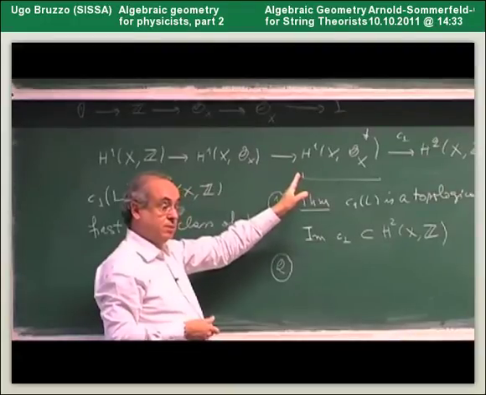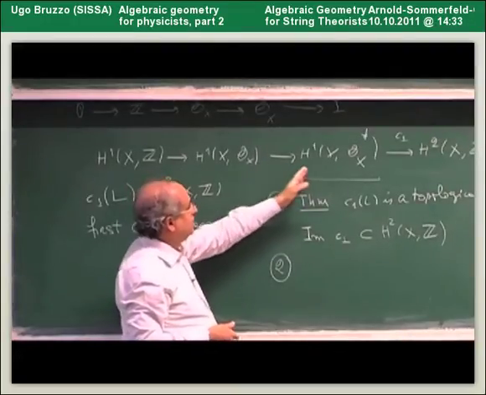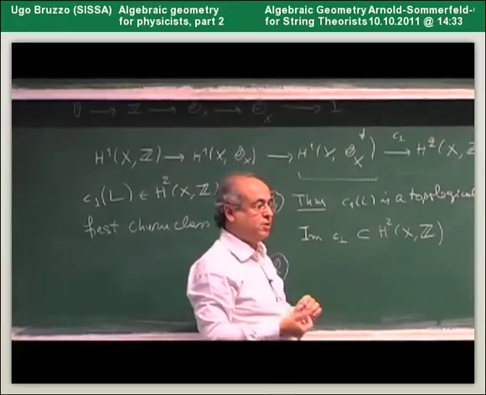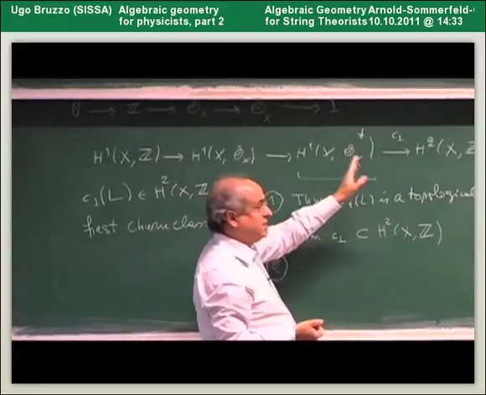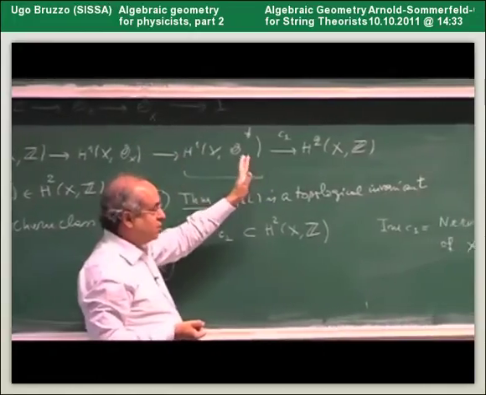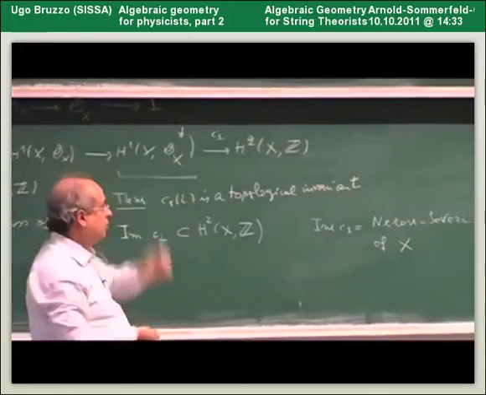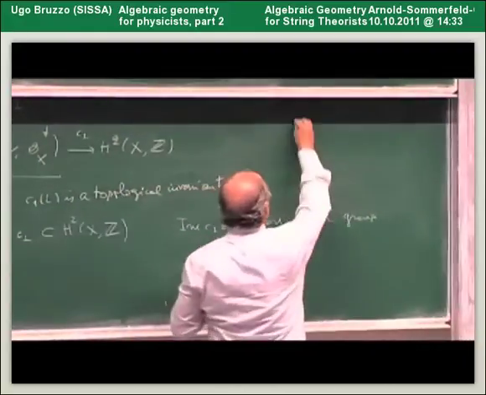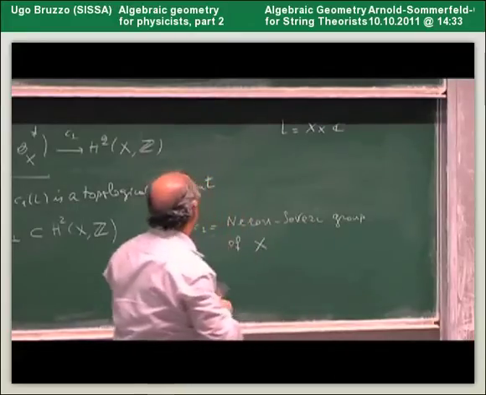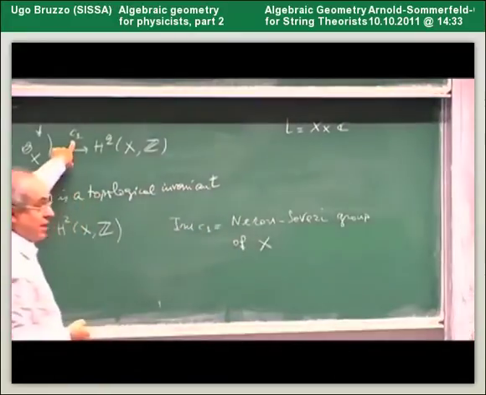So in particular, an equivalent version of my question is the following. If a line bundle has a zero first Chern class, is it trivial? Well, trivial means that it's just a product, so it's just X times C. Of course, you can understand that this line bundle has a vanishing first Chern class.